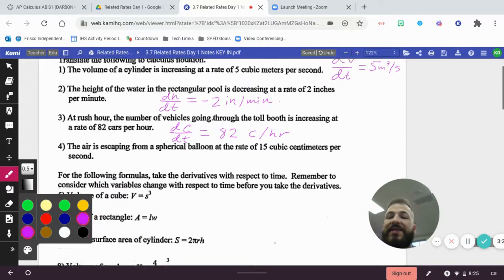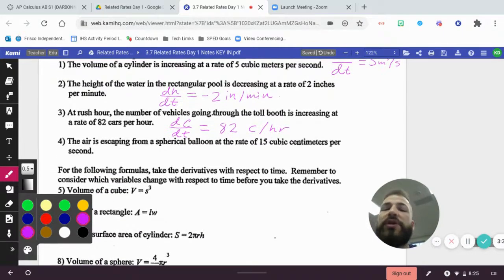And last but not least, the air is escaping a spherical balloon at the rate of 15 cubic centimeters per second. Air is escaping, so that means the volume would be decreasing from my spherical balloon. So dV dt for volume would be equal to -15 centimeters cubed per second.